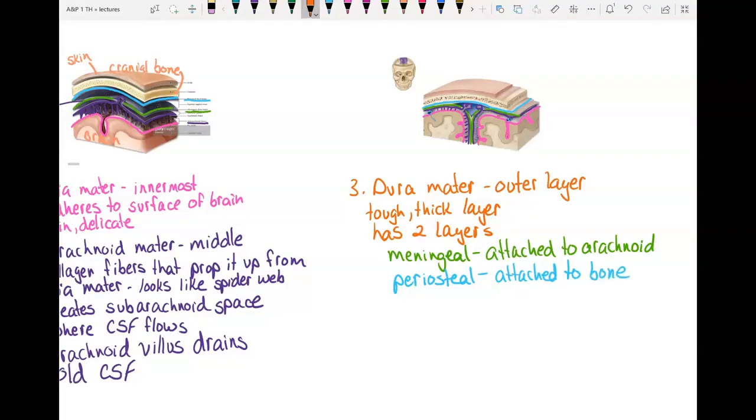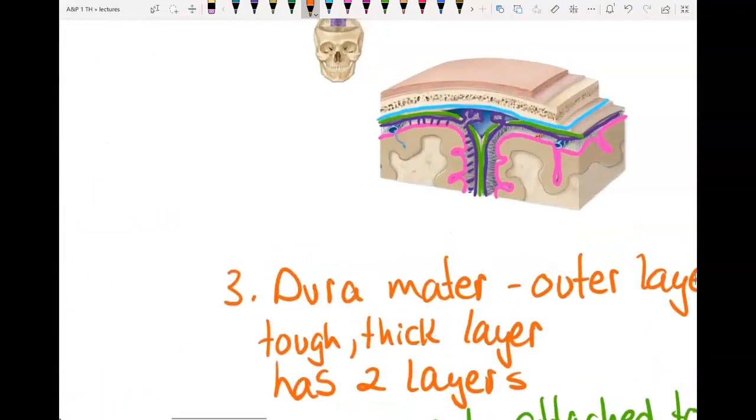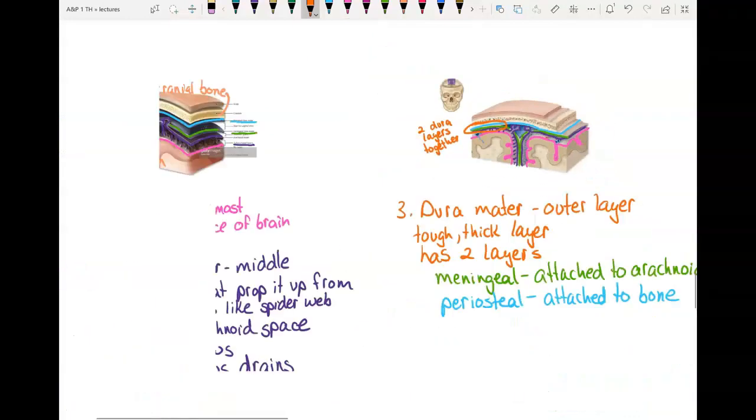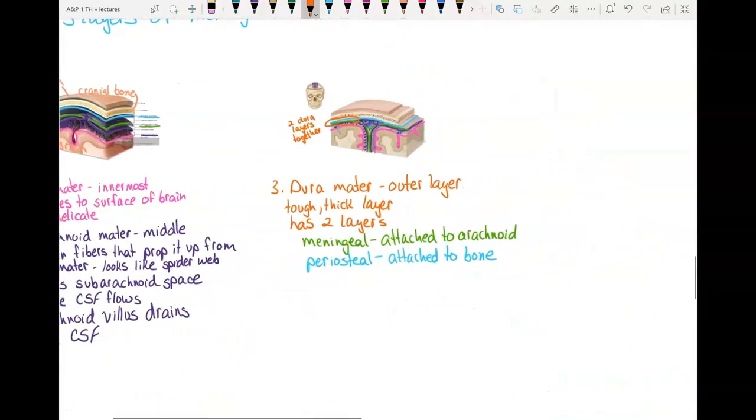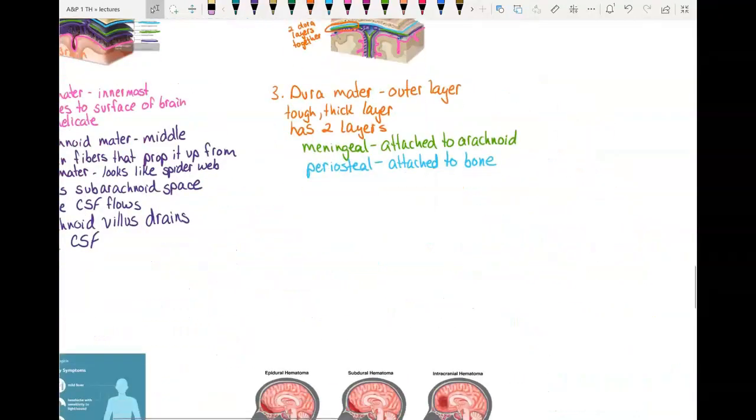In most places, these two layers are together. So like you can see here, the two layers are together. So in most areas, the two layers stay together.